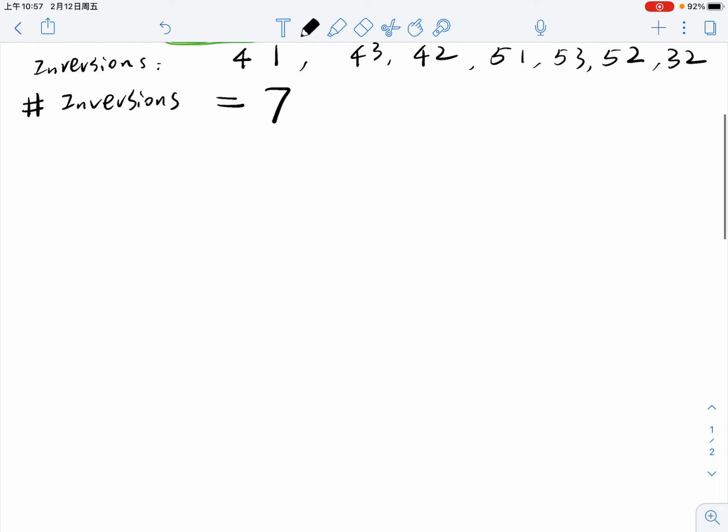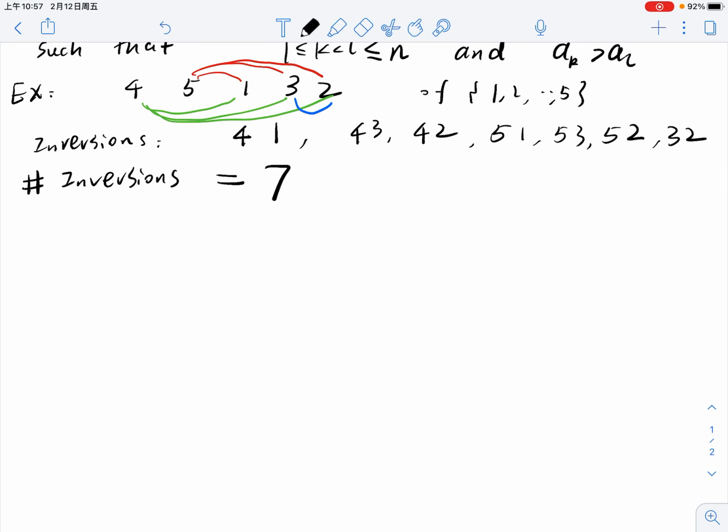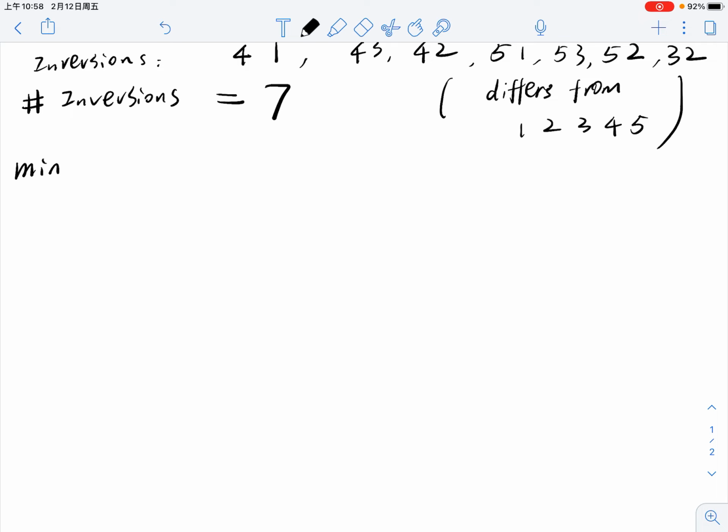It is 7. So in some sense, the total number of inversions measures how far this permutation differs from the identity permutation 1, 2, 3, 4, 5. Then it's a natural question to ask, what is the minimal inversion number, and what is the maximal inversion number?